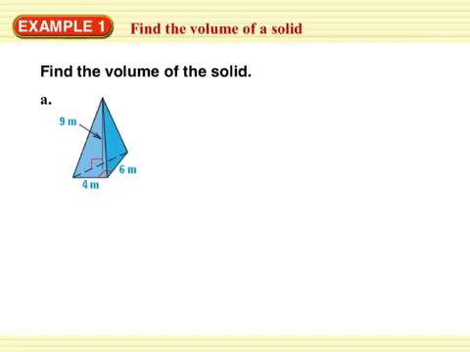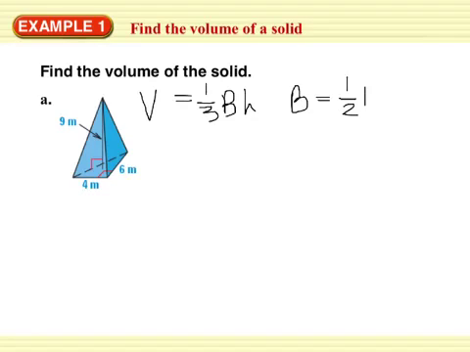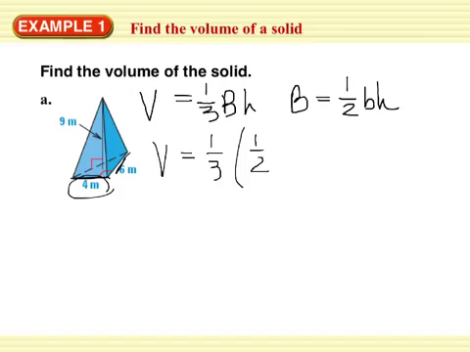Find the volume of the solid. This is a trigonal pyramid. So I have volume equals 1/3 big B times H, where B is the area of a triangle, which is 1/2 base times height. Let's put everything together. 1/3, and instead of big B, I'm going to write my area of a triangle, 1/2 base times height, so these numbers right here, 4 times 6, times H, which is 9.